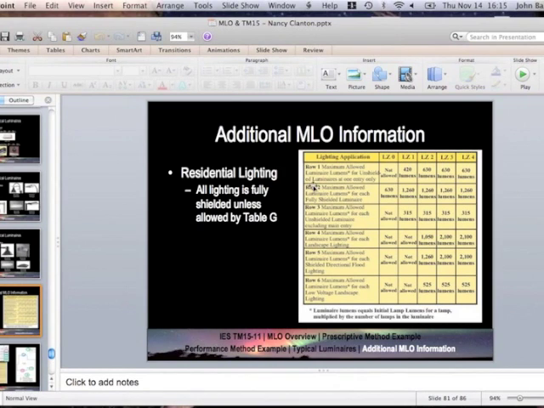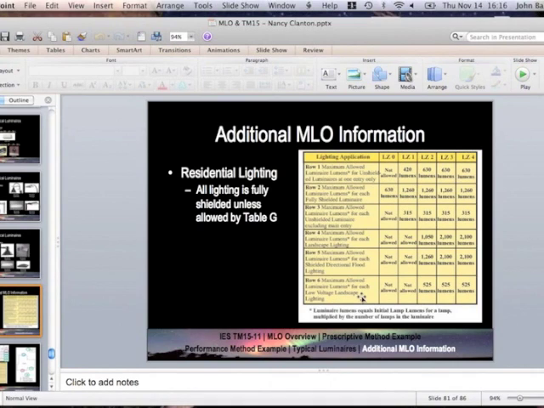You can see on row 1, we have the luminaire that may be unshielded at one entry only. Depending on the lighting zone, and again, lighting zone 1 seems to be the most applicable for residential areas, you go through the different rows depending on what they are.